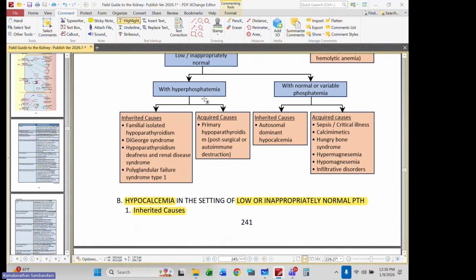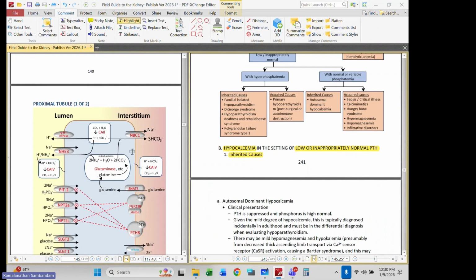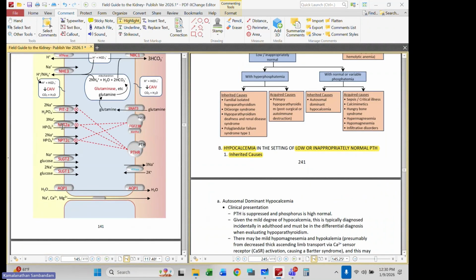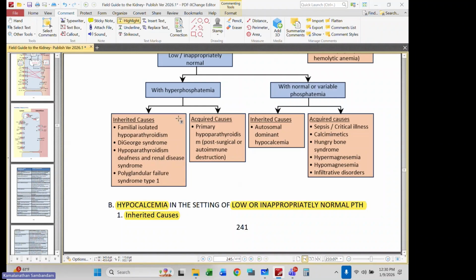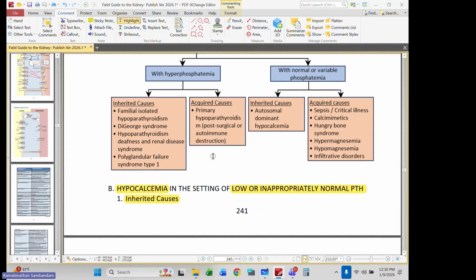It's the low PTH that's driving the impaired phosphate excretion. Remember, PTH mediates apical transport through the sodium phosphate cotransporters, right? So low PTH would be associated with avid phosphate reclamation by the proximal nephron.